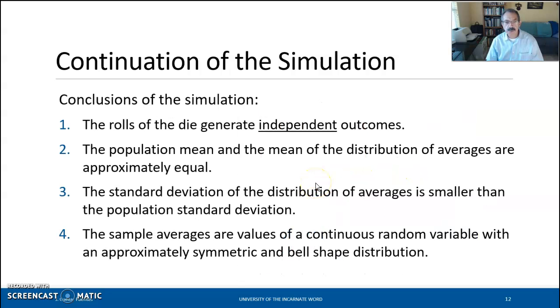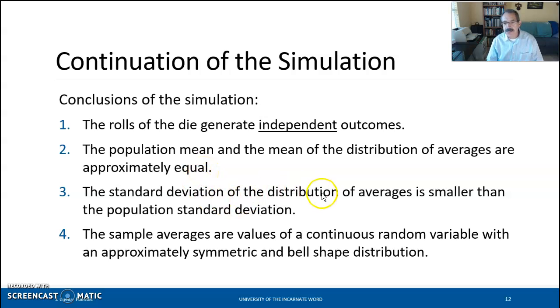So based on this, we can say that the way we roll the die, we generate independent outcomes. This is very important, because as long as we have independent outcomes, we have these characteristics. And also the population mean and the mean of the distribution of averages are approximately equal.